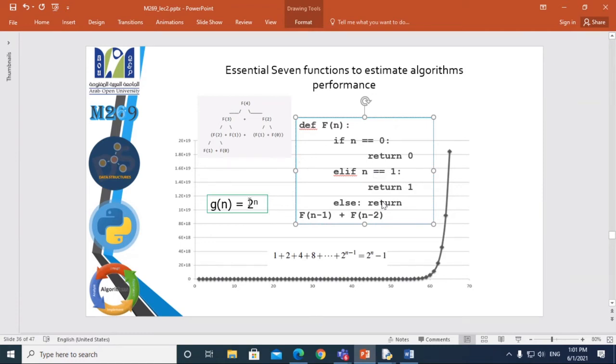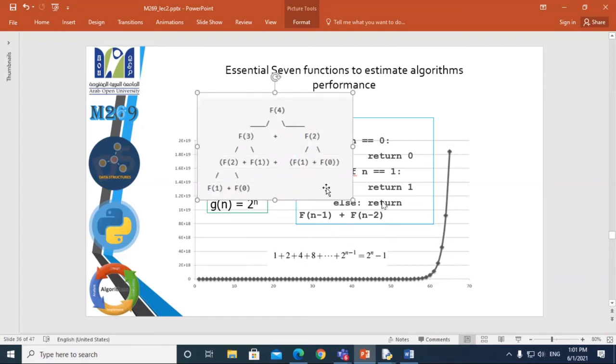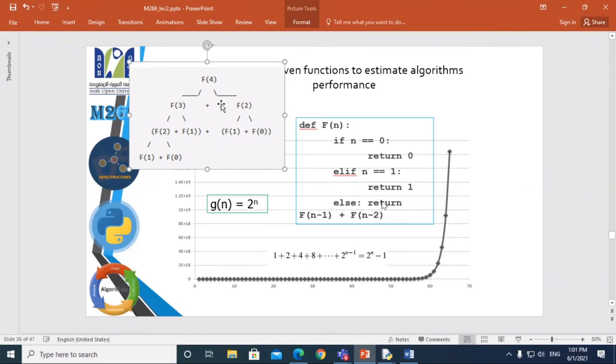That gives 2 to the power n. So it will be repeated as much as that: 1 plus 2 plus 4, every time it will be repeated. Do you see it here? Maybe I can explain it more. If you call f(4), now n is 4.